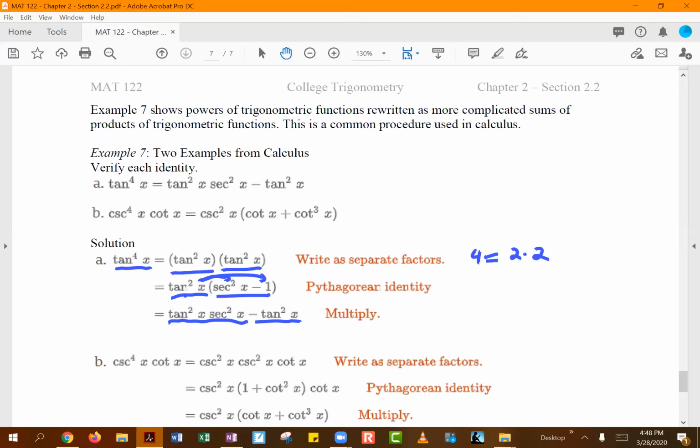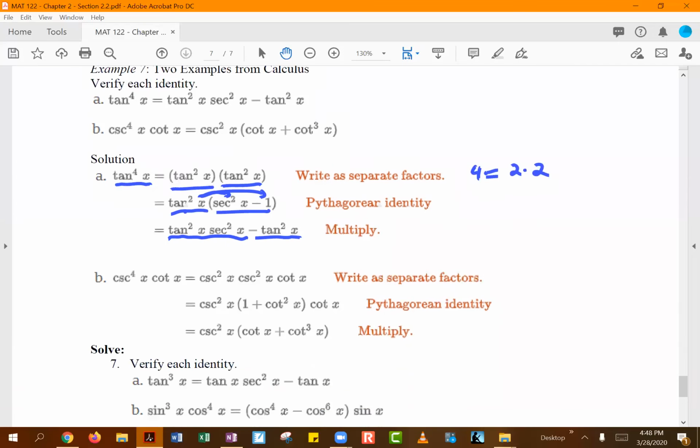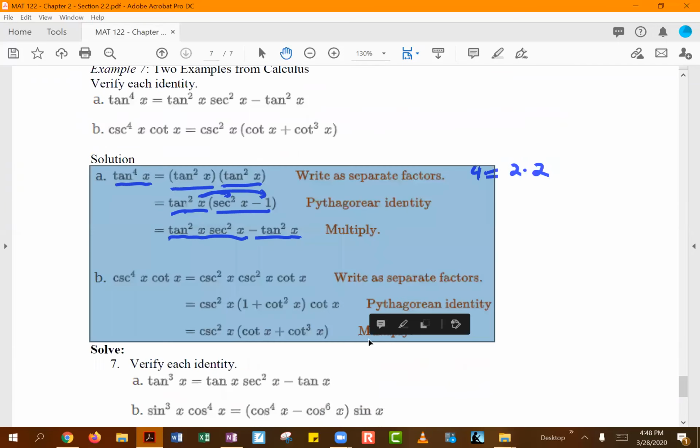Now part B is talking about cosecant to the fourth power of x multiplied with cotangent of x, and we have to show that it will equal cosecant squared of x, and then in parentheses cotangent x plus cotangent cubed of x, right? So let's take a look at this part B here.